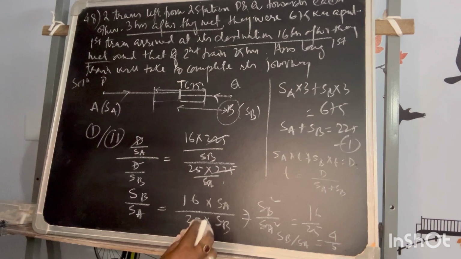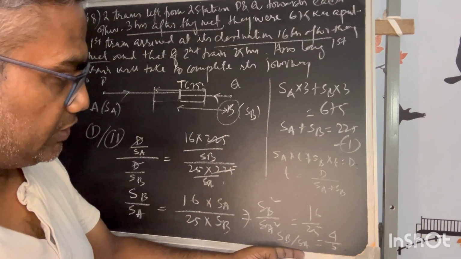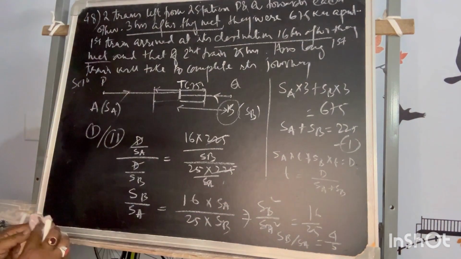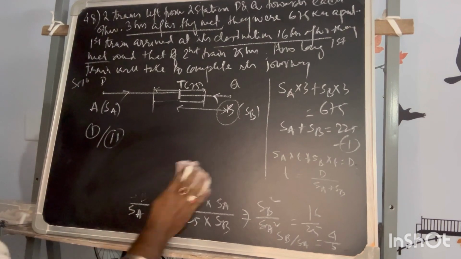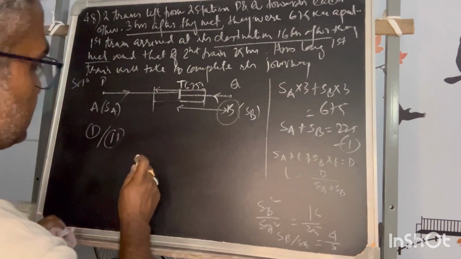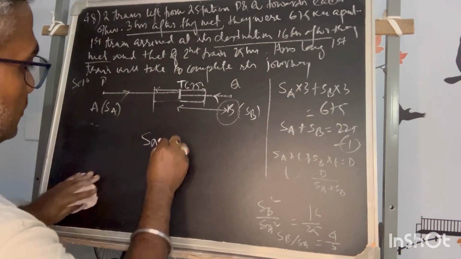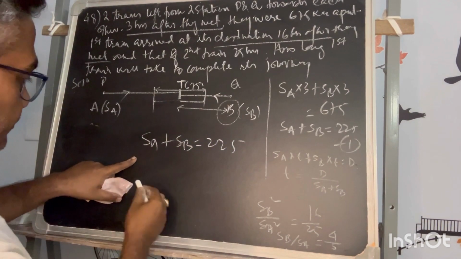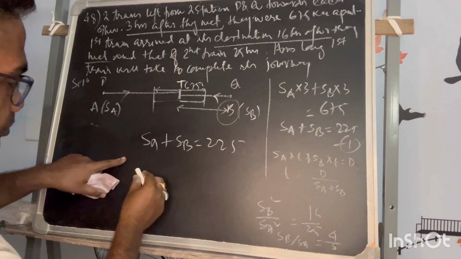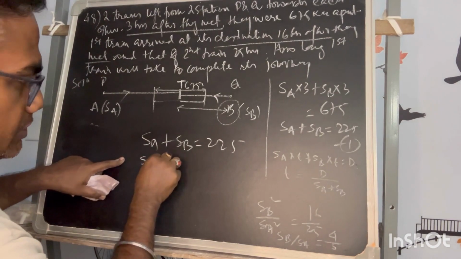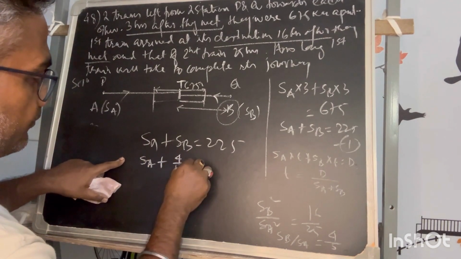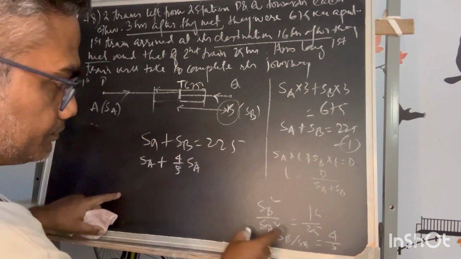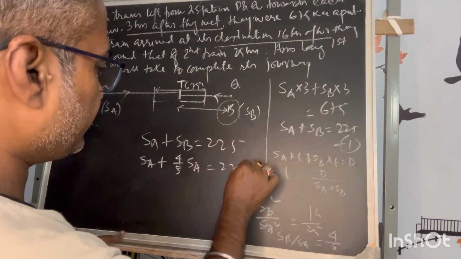Unless you know the individual speeds, this one relation you can establish. From there, we can solve using SA plus SB equal to 225. Now in any case you can put SA plus 4 by 5 of SA is equal to 225.